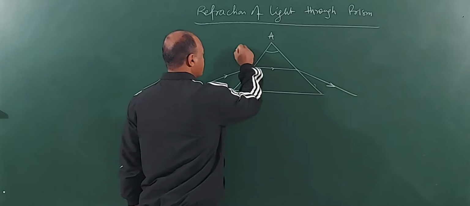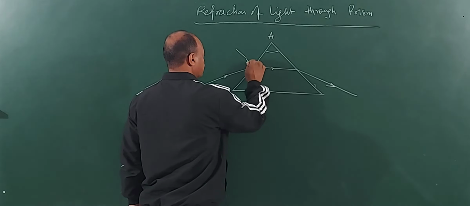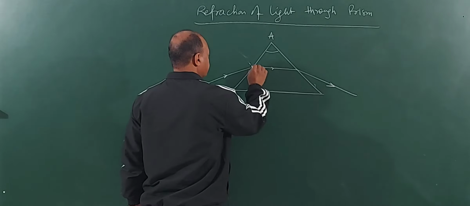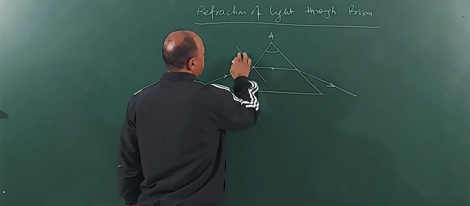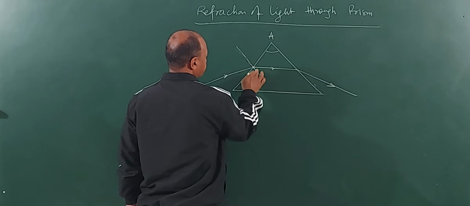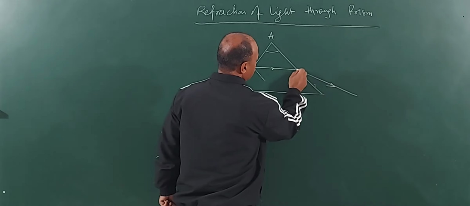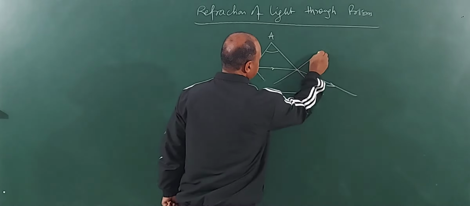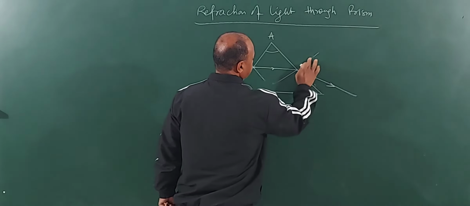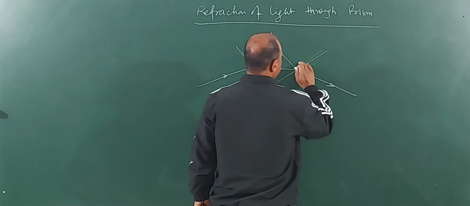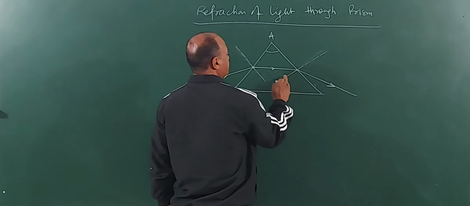Let's draw the normals. This is the normal at the first surface. Let's make it dotted. And then this is another normal here. This is the other normal.